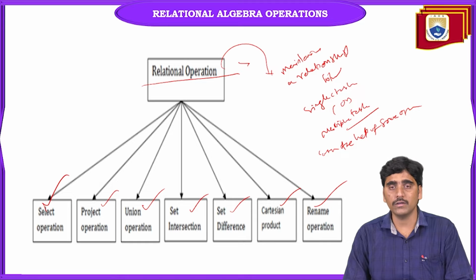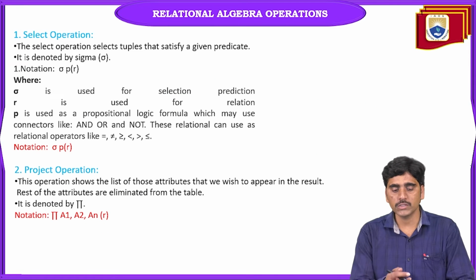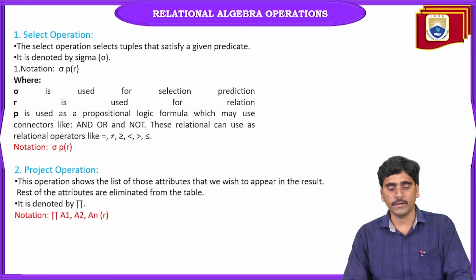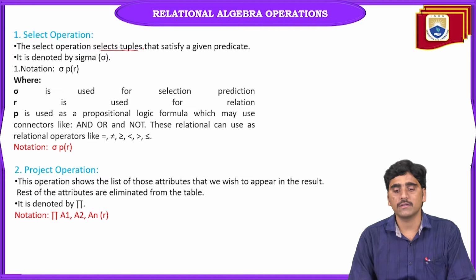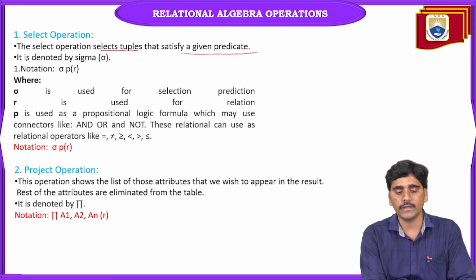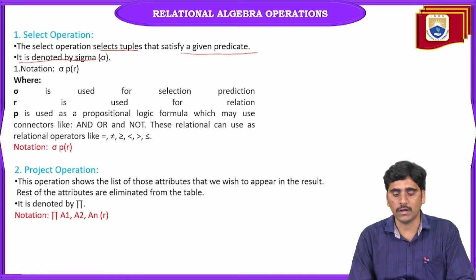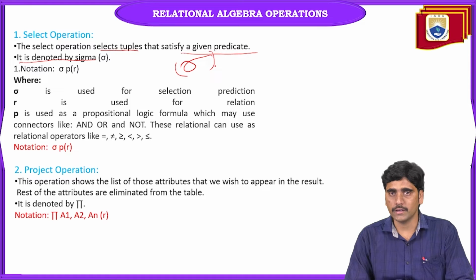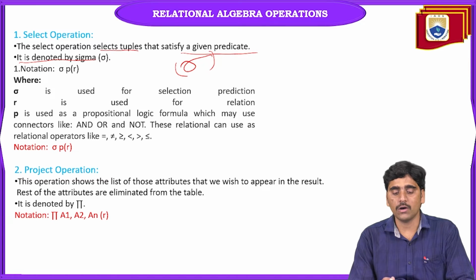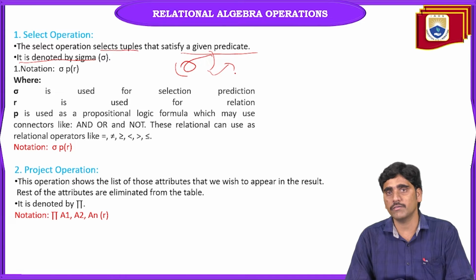So we'll see how all these operators contain the symbols. So the first one is what? Select operation. The select operation selects tuples that satisfy a given predicate. It is denoted by sigma. This is an operator in relational algebra, and what it does is select the tuples based on the given predicate.